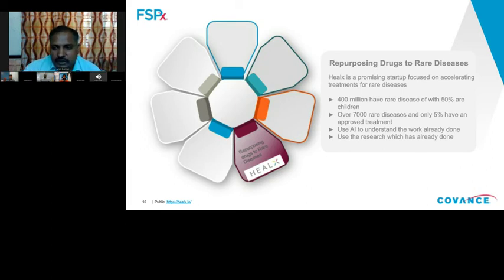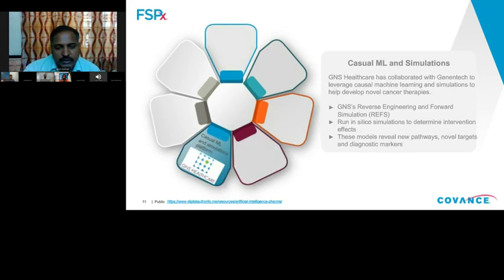So next we'll see the causal machine learning and simulations from GNS Healthcare. GNS Healthcare is another technology-driven company which has collaborated with many sponsors. They have been using causal machine learning and simulations to help develop cancer therapies. GNS has come up with their own simulation platform called REFS, which is nothing but reverse engineering and forward simulation.